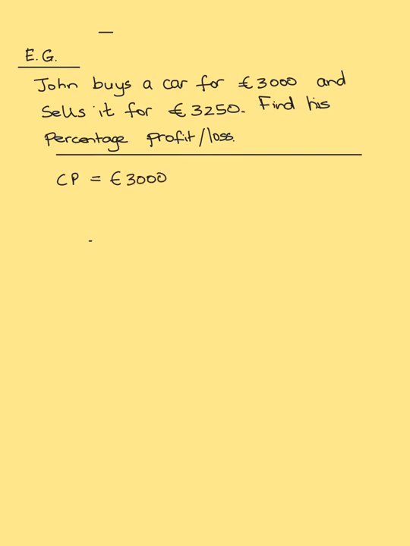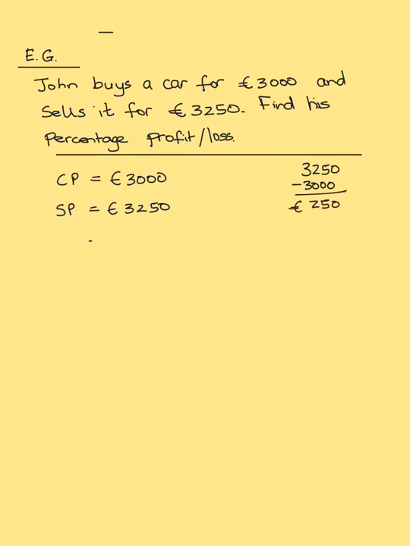He sells it for 3,250, so his selling price is 3,250. And now we know we have to do a subtract sum. So we have the 3,250, take away the 3,000. Don't forget to show all your work. And that gives us €250.